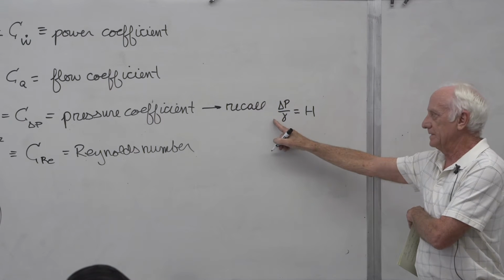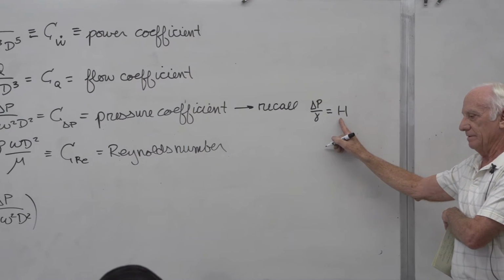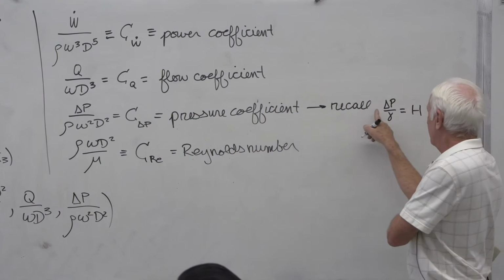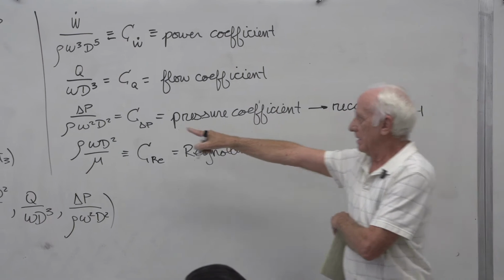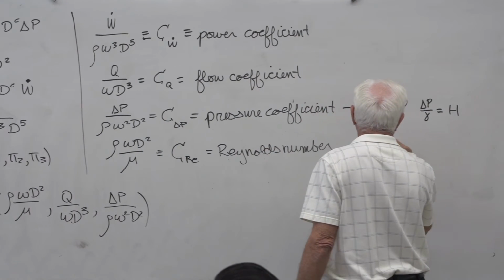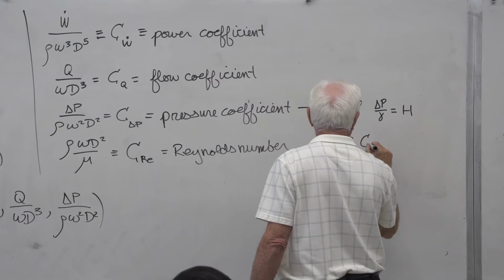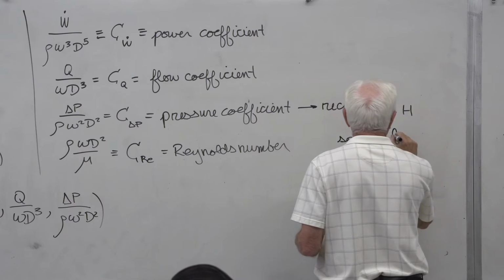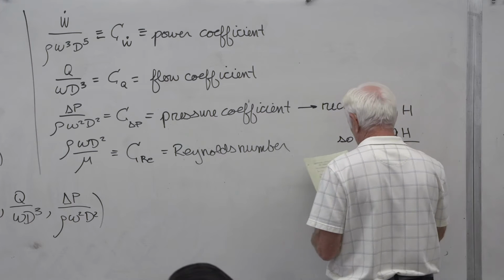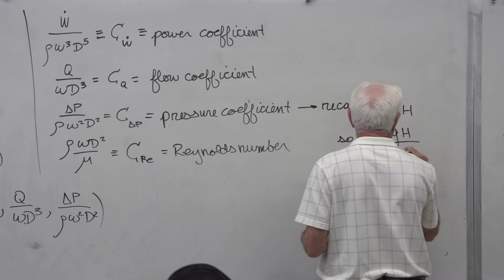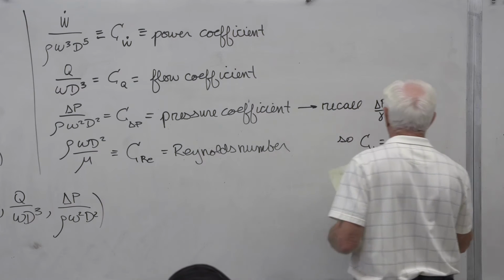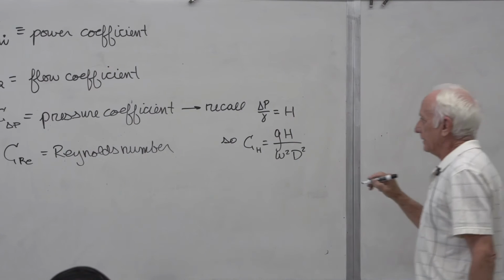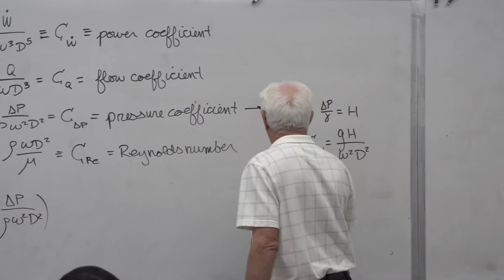What's the units? Feet. What's the head in? Feet or meters. Okay, put that guy over there. Delta P equal gamma H. So C sub H then, replace the guy with the head, G times H over omega squared D squared. Okay, he's called the head coefficient.